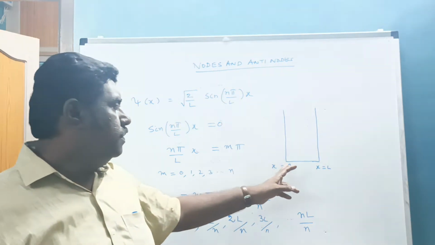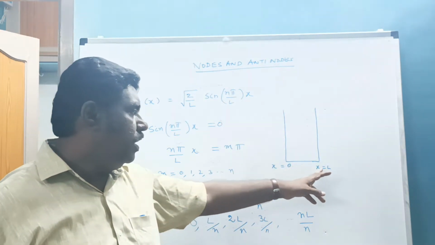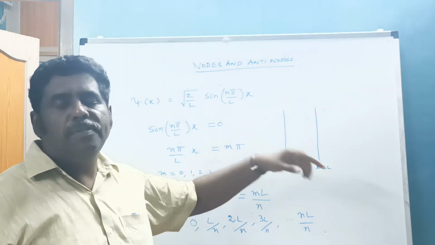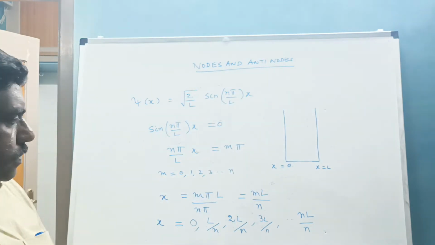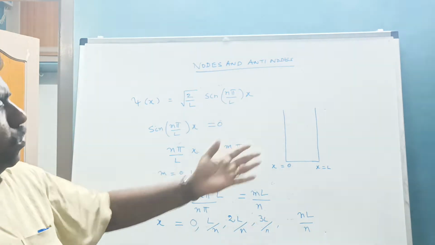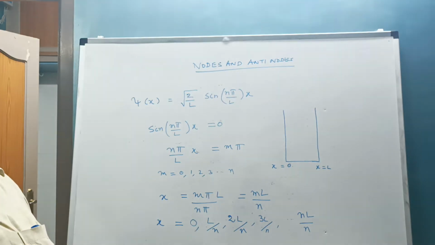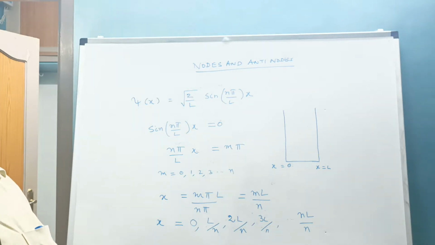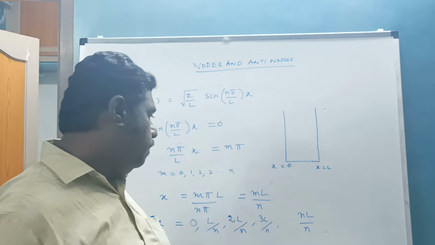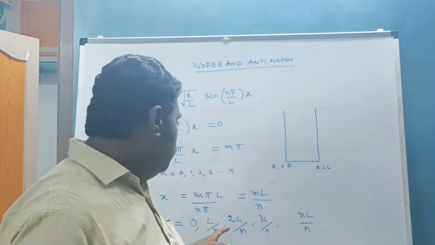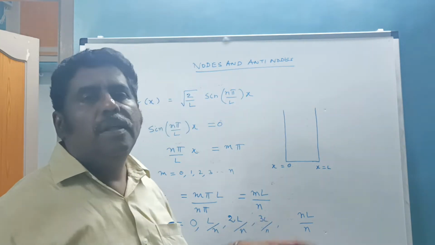So, the nodal points are x equal to 0 and x equal to L. These two nodal points are compulsorily present in all the cases. In addition to these two nodal points, we may expect more nodal points. The availability of such nodal points is expected only on the basis of the value of n.